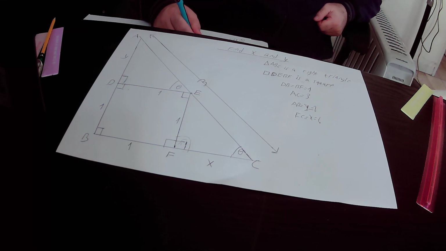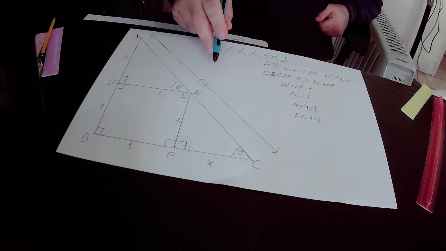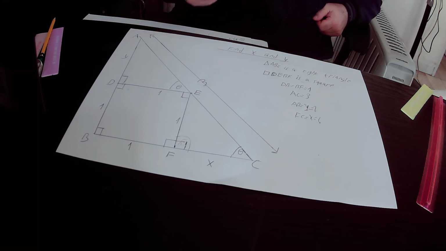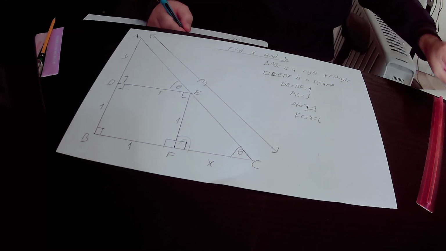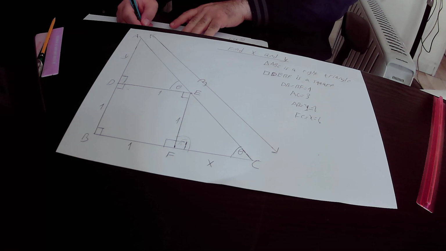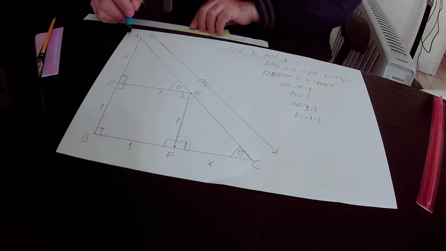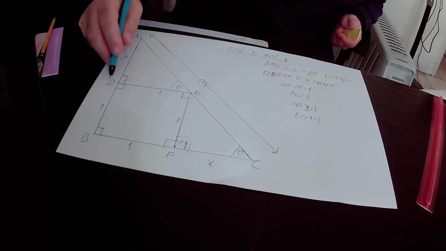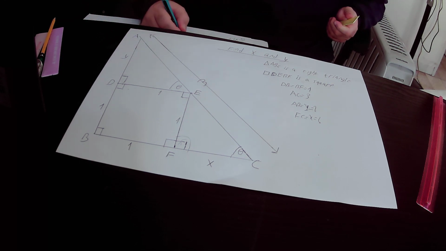So we know that AC equals 3, therefore AC squared is 3 squared, 3 squared is 9, and it equals AB squared. AB equals y plus 1, therefore AB squared will be equal to (y plus 1) squared plus BC squared.